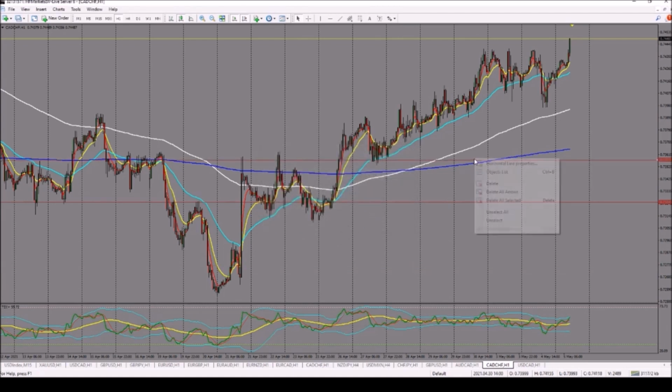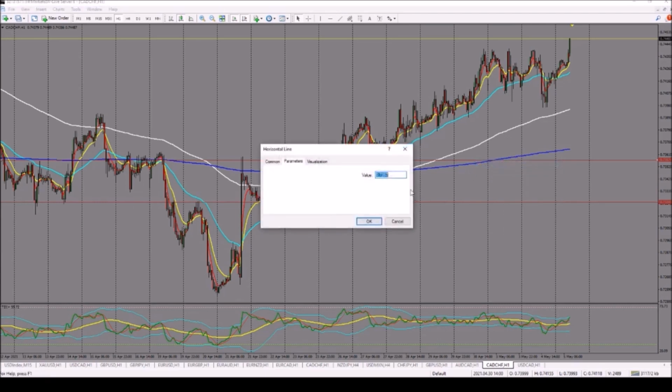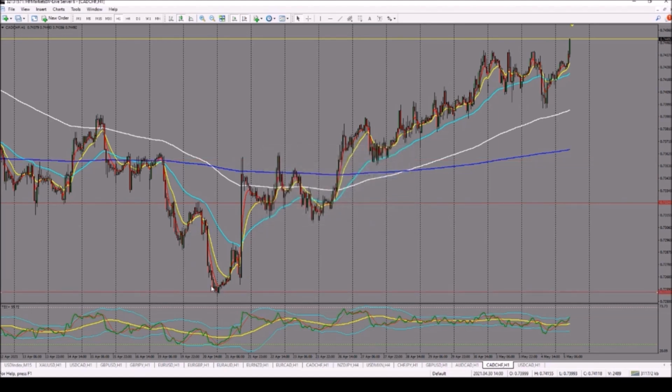Sorry, it's 0.7257, right? As you can see, we managed to predict this was the low, and on that, we could either wait for a setup or whatever, but we enter opposite to the market flow whenever we get the low of the market.